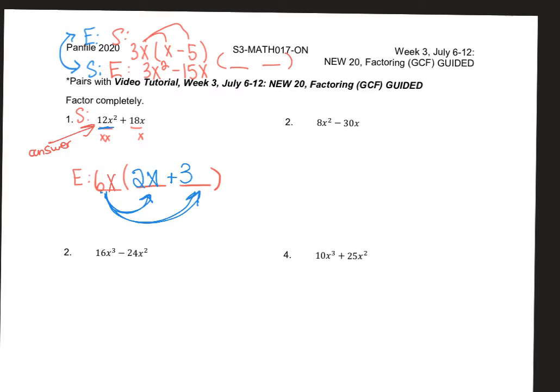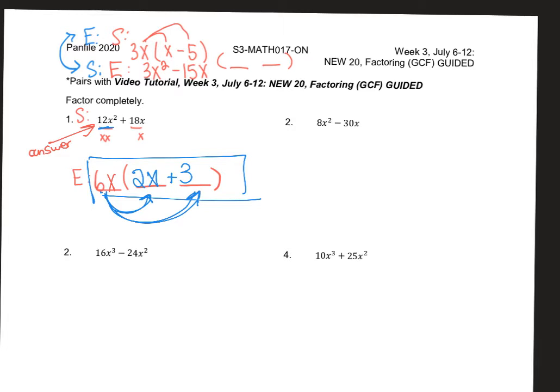We say nothing, but really it's a 1. X times 1, which we don't have to write. So 6x times just 3 gets me plus 18x. So we're done. That is my answer. 6x parentheses 2x plus 3 will give me 12x squared plus 18x.